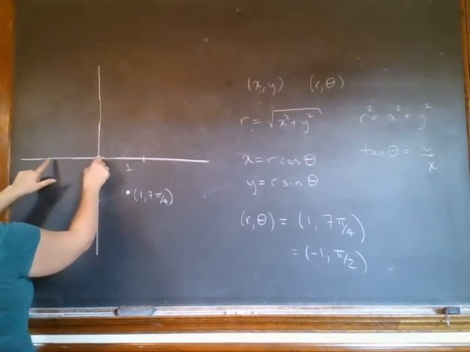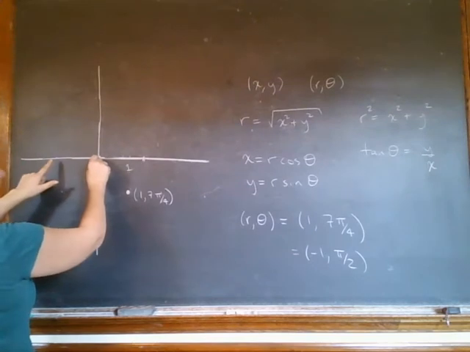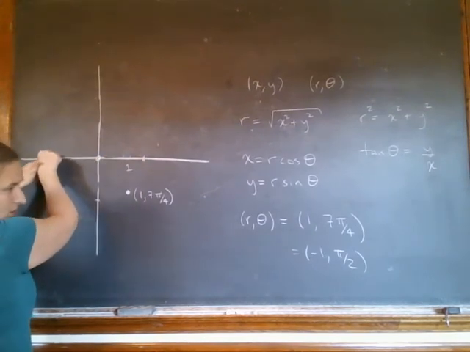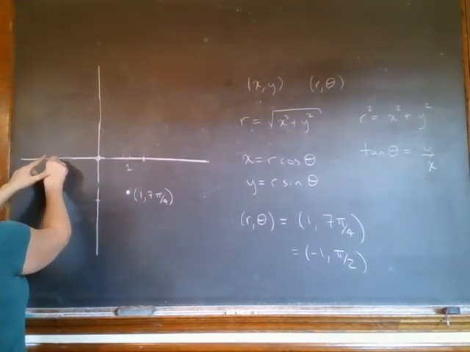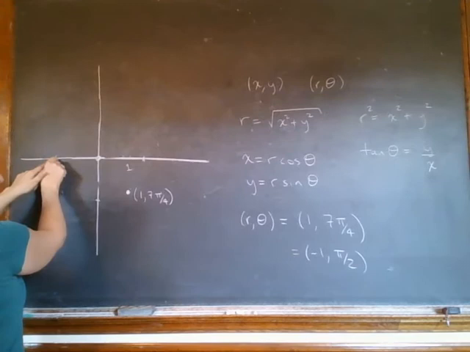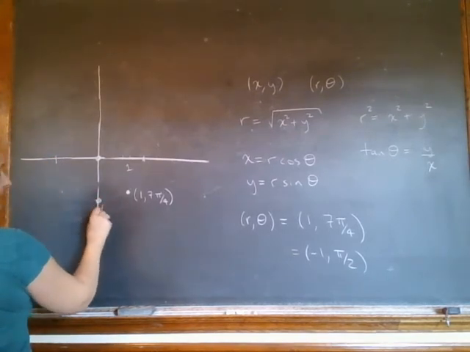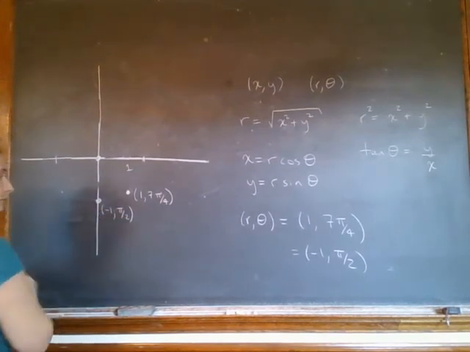So I'm going to go a distance of 1, but rather than going on the right, I'm going to go on the left. So I'm going to put out a distance of 1 here. That's my negative 1. And then from this point, I'm going to do pi over 2, which is going to give you this. Right? So this point has polar coordinates negative 1, pi over 2.